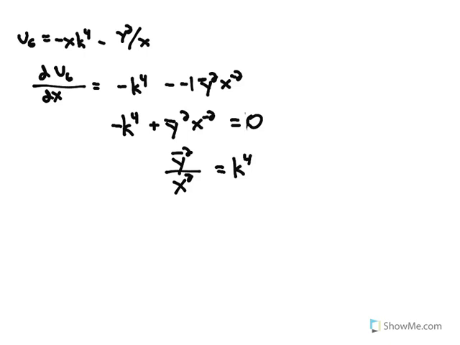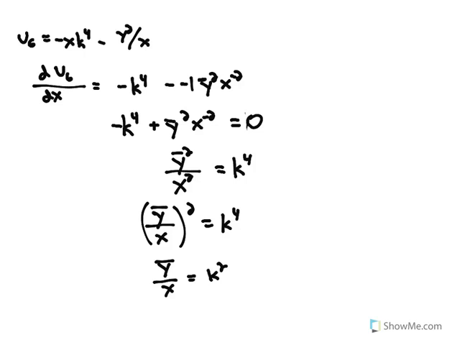So from here, we have y bar divided by x, the whole thing squared, equals k to the fourth power. I can then take the square root of both sides, and it gives us y bar over x is equal to k squared. And finally, I can get the x to one side. X is going to equal y bar divided by k squared.